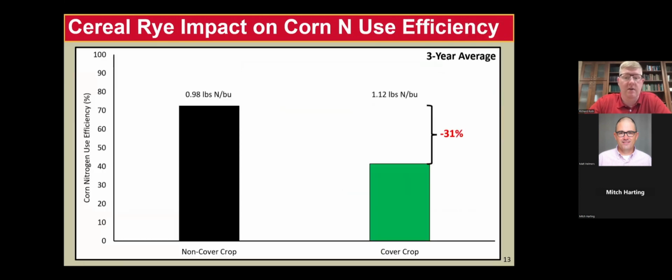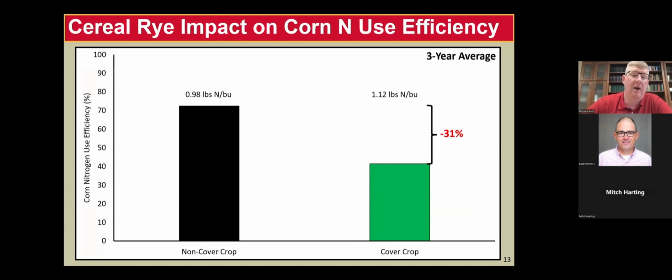Okay, so the other thing that we looked at was how does it affect nitrogen use efficiency? So we saw about a 31% reduction in nitrogen use efficiency. The way that that's measured is total nitrogen uptake in the plant divided by the amount of nitrogen that we applied to the system, which in this case was 200 pounds of nitrogen.